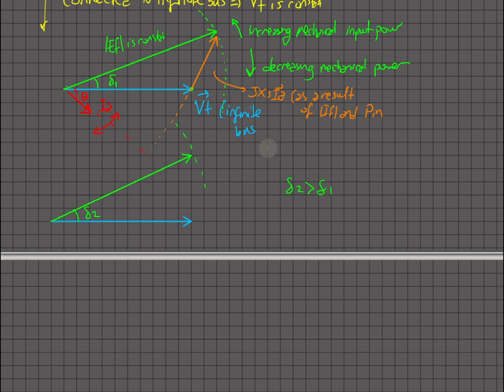Somewhere here, right? So it will be like that, and my IA will be like that. Again, if you increase mechanical input power, it will come like that. It doesn't have to be unity power factor, I just drew it like that. So here again, increasing power.